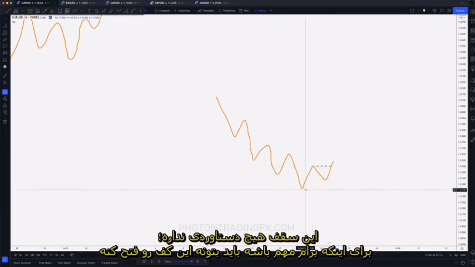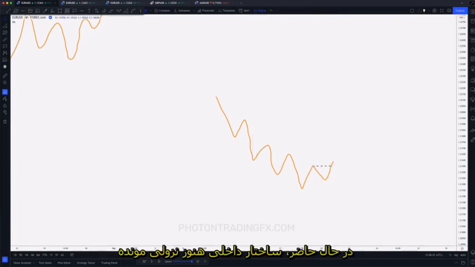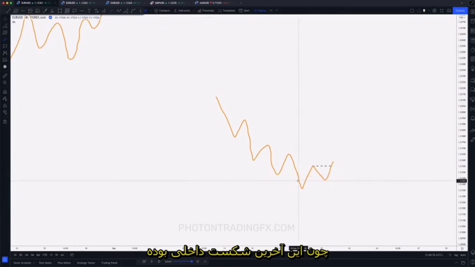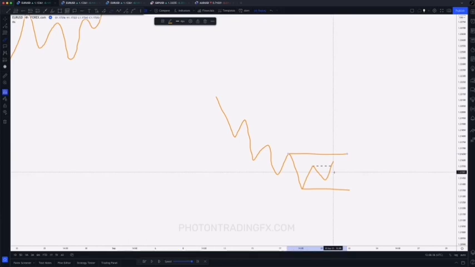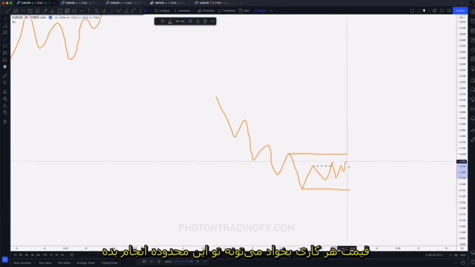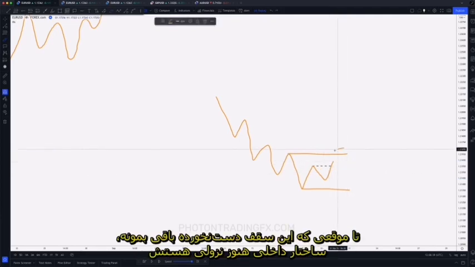It needs to take out the low for it to be a high that I am interested in. Okay, so currently the internal structure is still bearish because this was the last internal break. So this is the current low and this is the current high. Price can do anything it wants in here, but at the moment, until this high here goes, the internal structure is still bearish.